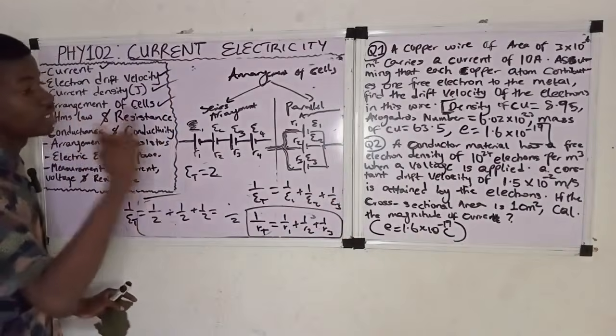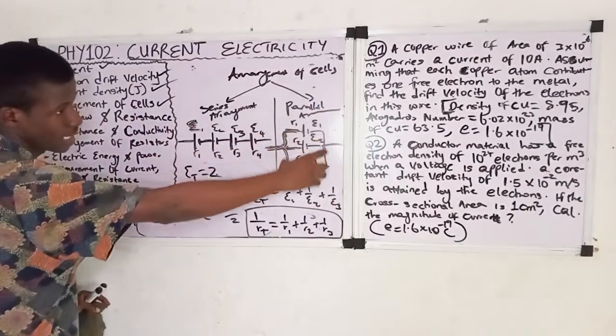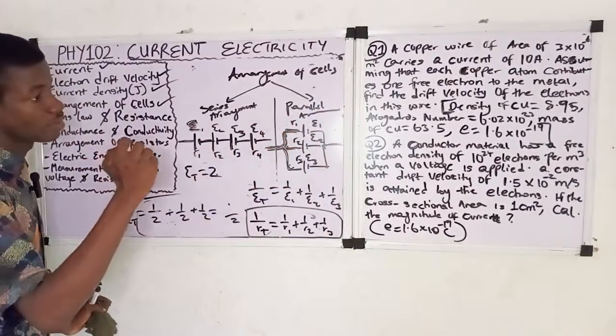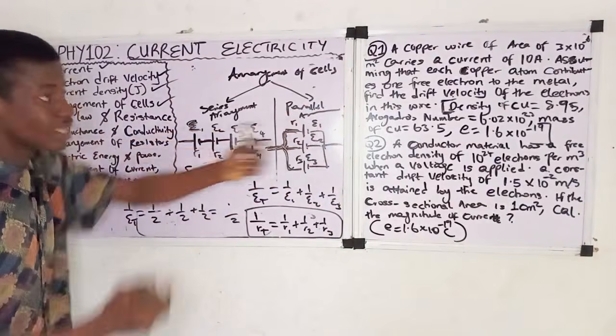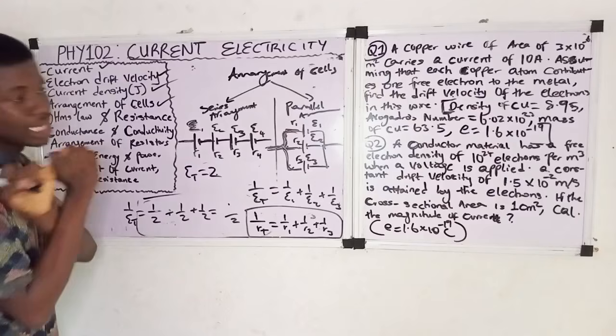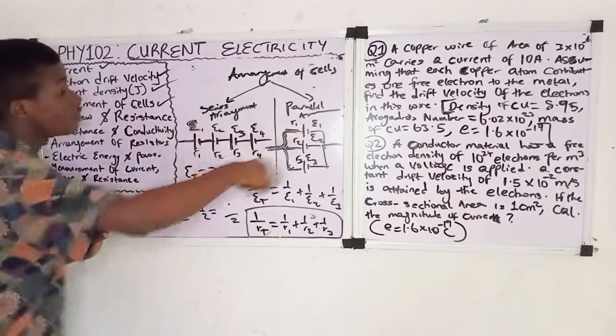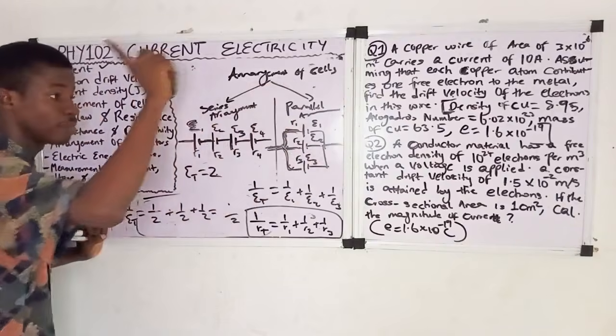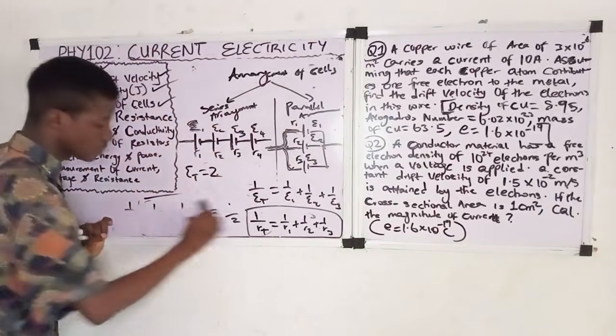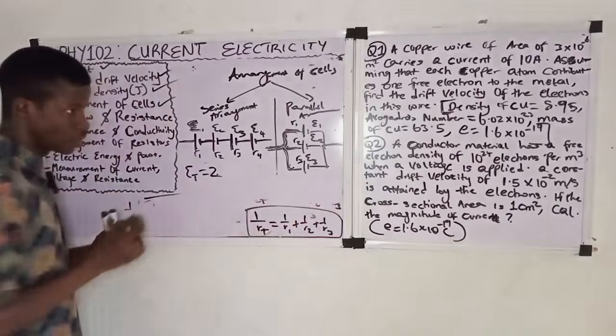When the cells that are connected in parallel have the same EMF, just know that the total EMF is equal to the EMF of one of them. Okay, so just take note.